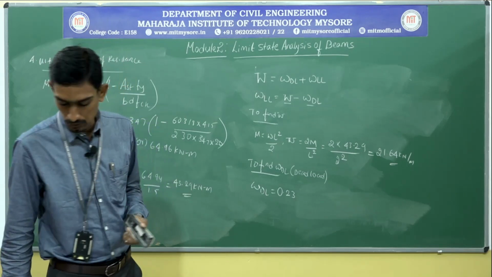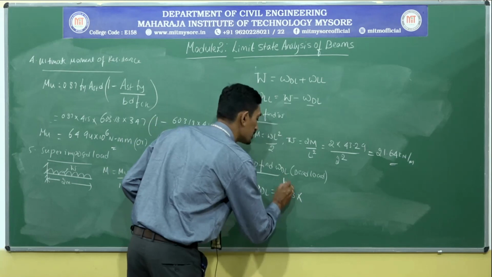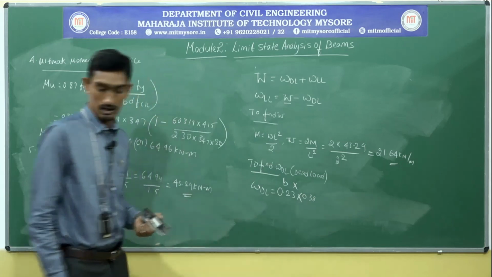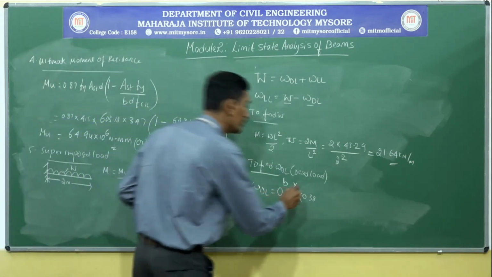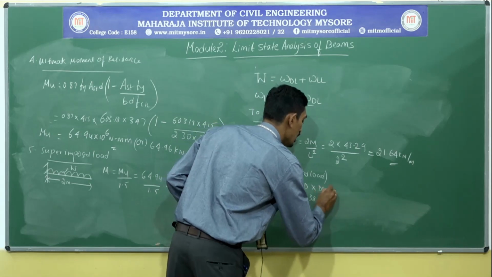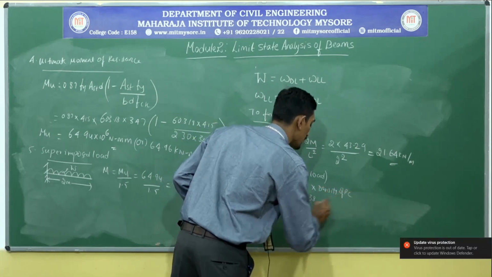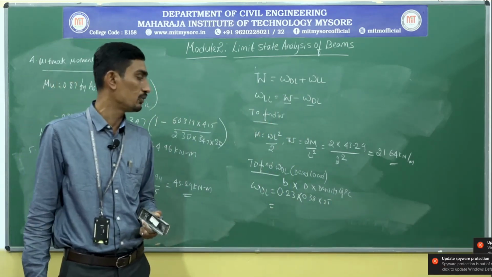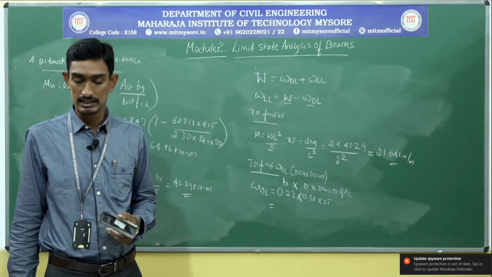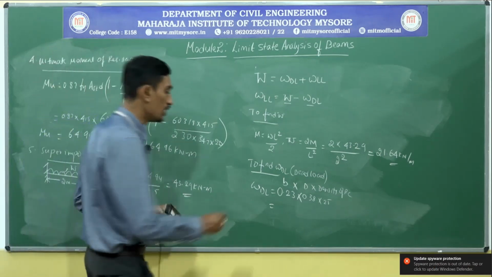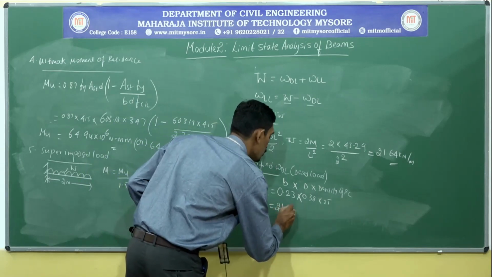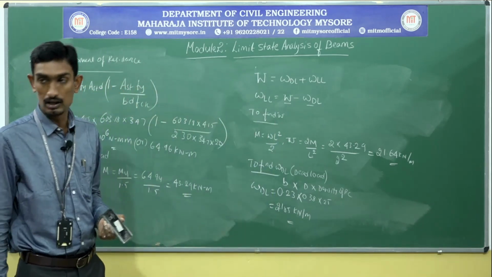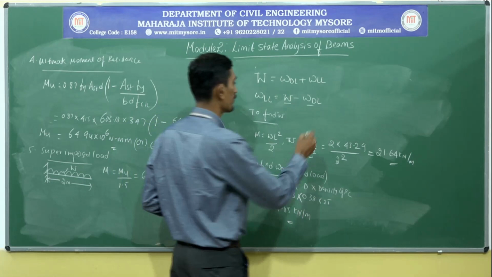So 0.23 into the overall depth, 0.38, into the density of reinforced concrete, 25. That is B into D into density of RCC. So this works out to be 2.185 kilonewton per meter.